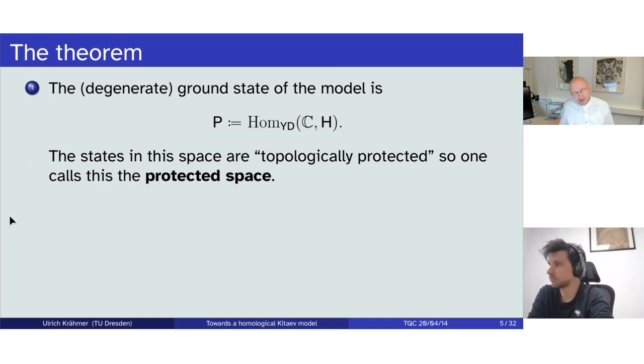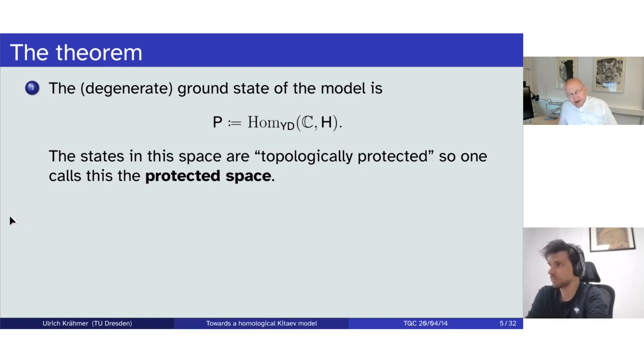And why is that so? Because this subspace of H contains states which are in some sense topologically protected, as Kitaev argues. And as I guess everyone knows, the idea is to use these states to run your quantum computer and use this topological protection to prevent errors from happening.